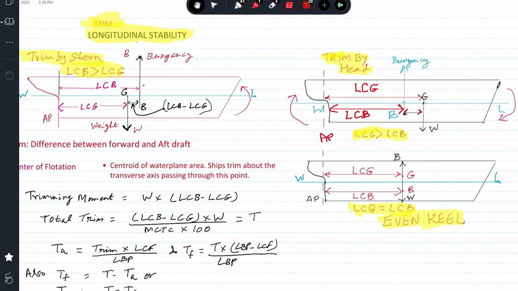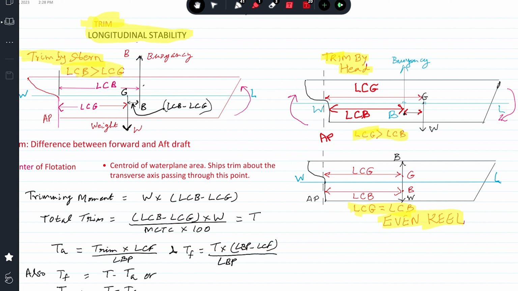The same things are here, but longitudinal: longitudinal GM, longitudinal BM, longitudinal KM. So we are now studying the longitudinal stability, or the effects mainly on the ship's trim.